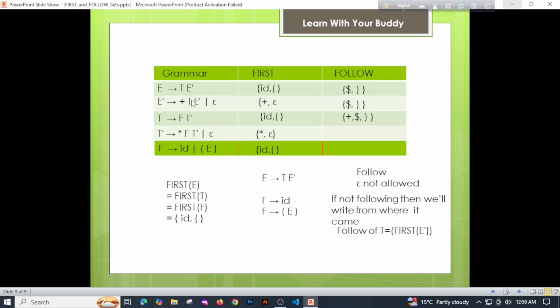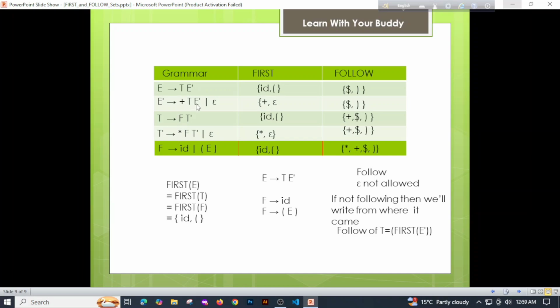After that, to get the follow of T, here we have T prime, but T prime is not followed by any terminal, so it will look at the left side and look for where T is. But in the first line we have T and E prime, so we have seen that T is followed by a non-terminal.